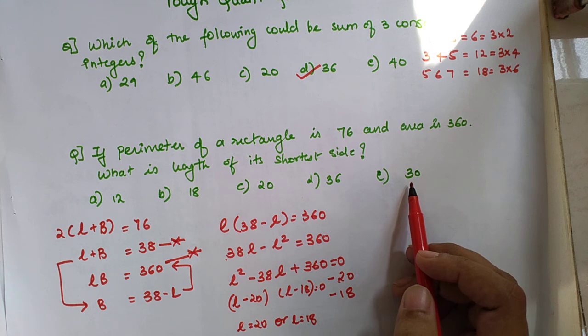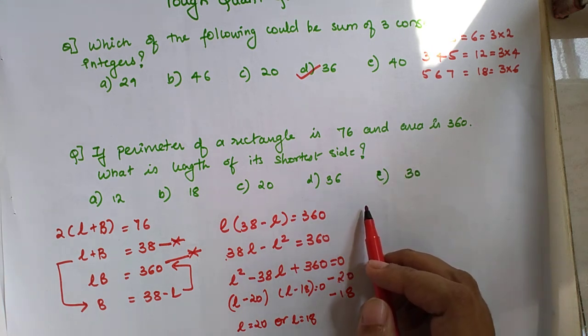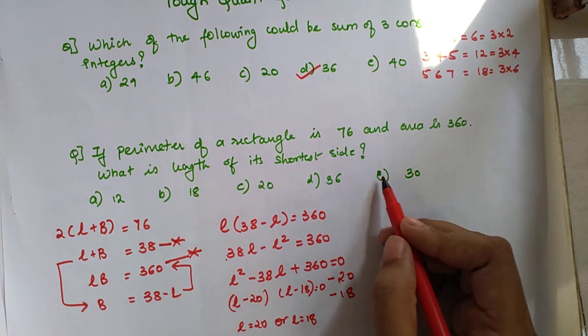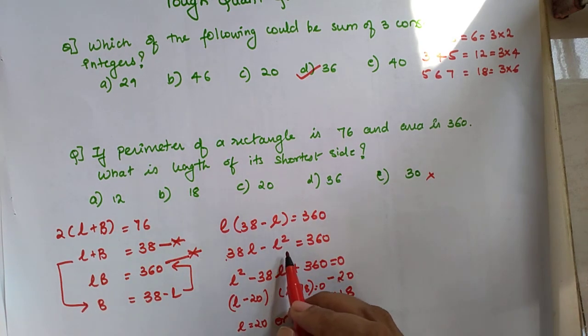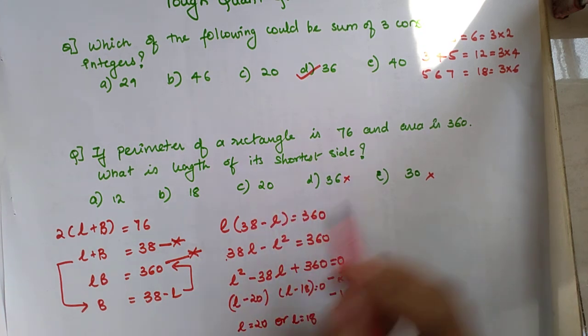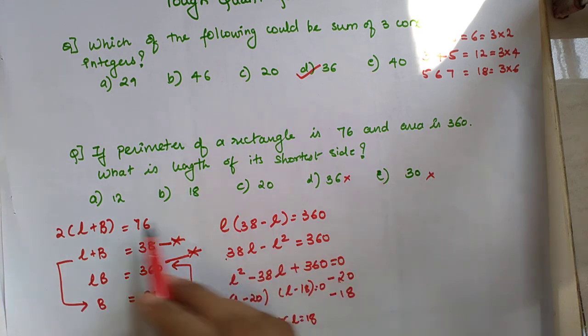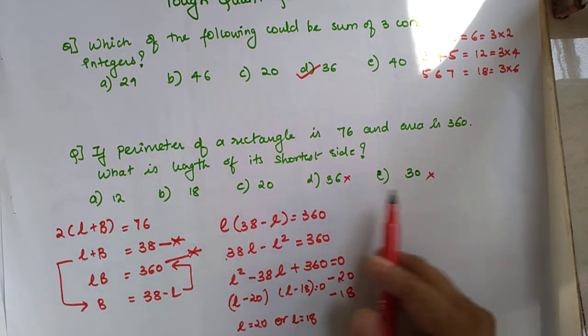So now let's start taking these options into consideration. Let's talk about 30. If I take one length as 30, the other shortest side would be 8. So 8 is not an option. So I can't have 30. Okay, if I take 36, then the shortest side would be 2. So again here I can't take this, because the shortest side answer option is not there in the given options.